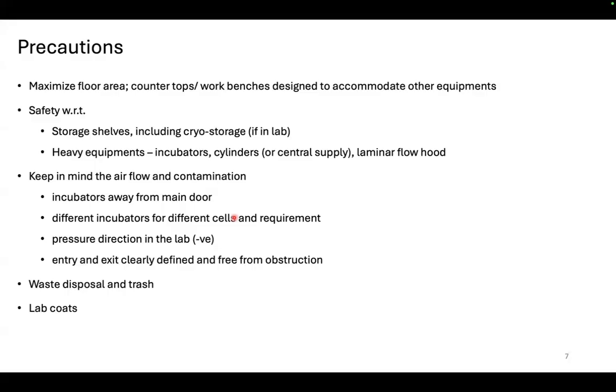So it's going to be at a low or negative pressure so that nothing goes out from that lab. Air can come in, and you can have filters, some sort of filtered air supply coming in, if possible not from the door, but from the air conditioners and everything. But generally, you would want the air to not be escaping from the lab.